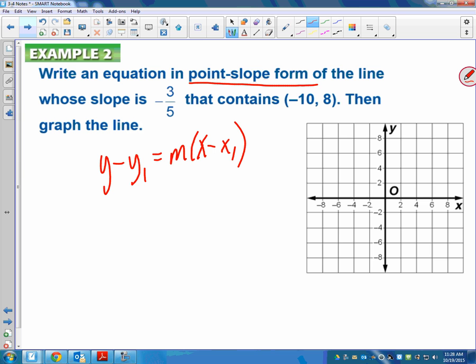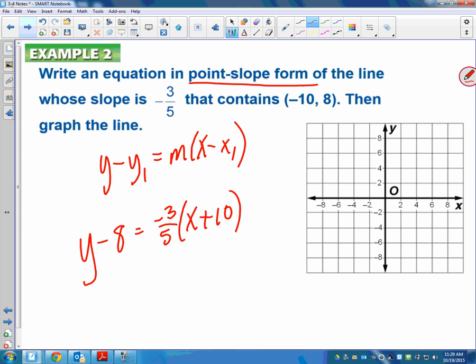That is going to be X1. 8 is Y1. This is my slope. So if I was just going to write the equation, I don't have to do any extra work, but know where to plug the numbers in. So y minus 8 equals -3/5 times x minus -10, which would make plus 10.